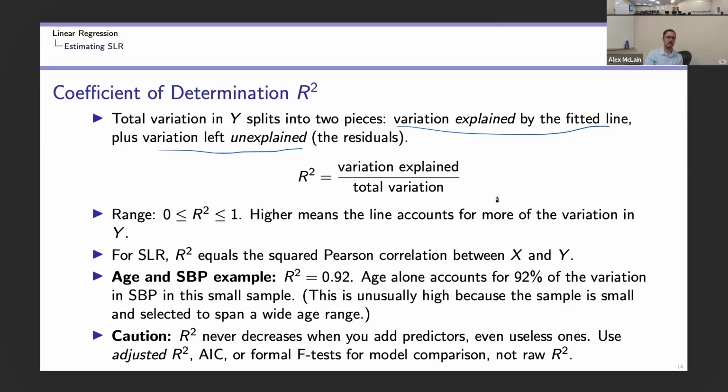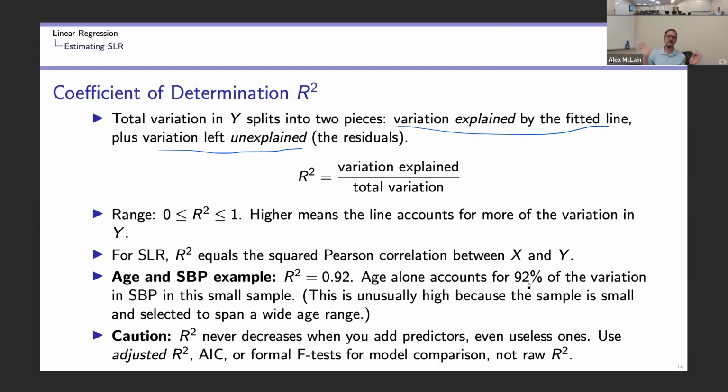So you can think about it as almost like a grade on your linear regression line. If it's 0.9, you're explaining 90% of the variation. And here, if R squared is equal to 0.92, age alone accounts for 92% of the variation in systolic blood pressure in this small sample.